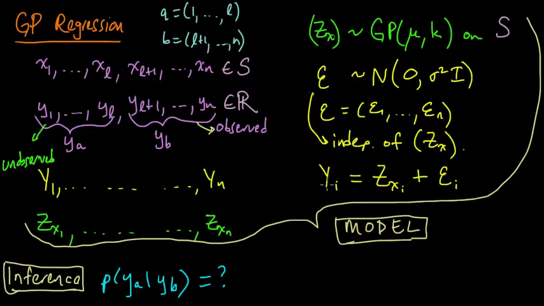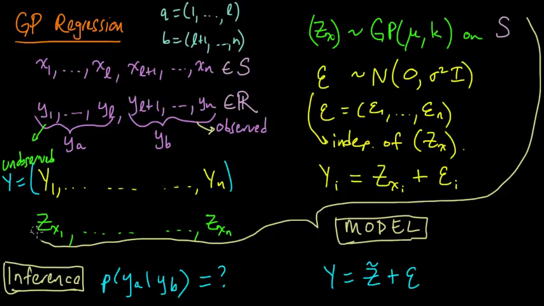So what's the corresponding thing here? Well, we have this yi equals zxi plus epsilon, so this looks very similar. And in fact, we have y, the vector of y's, is equal to, let's call it z tilde, the vector of z's, plus this vector epsilon. Let's make a little space for it.